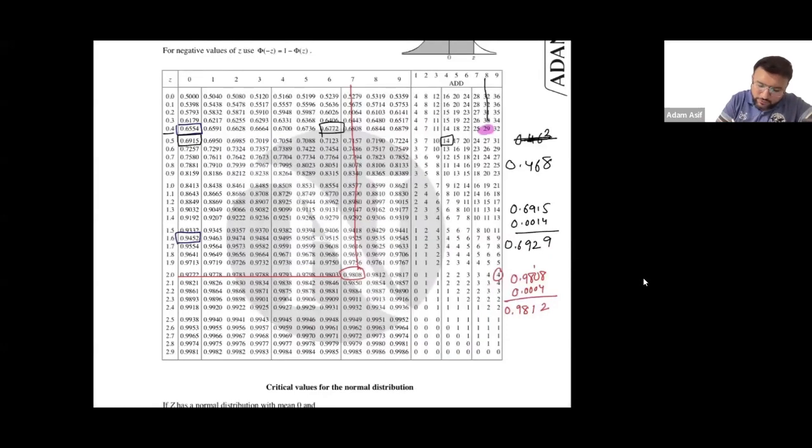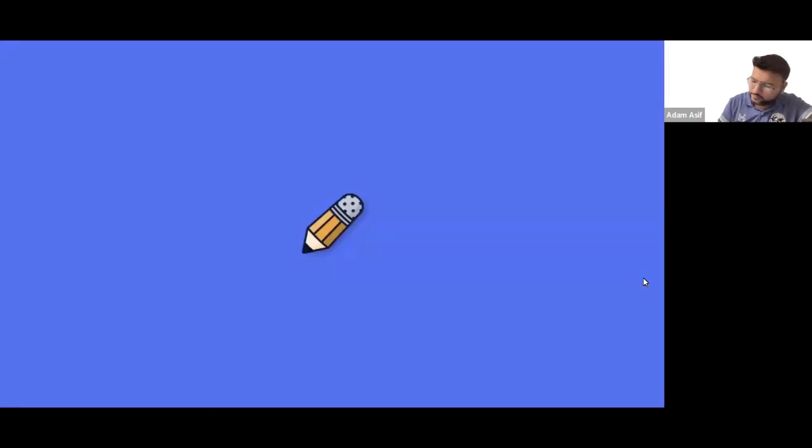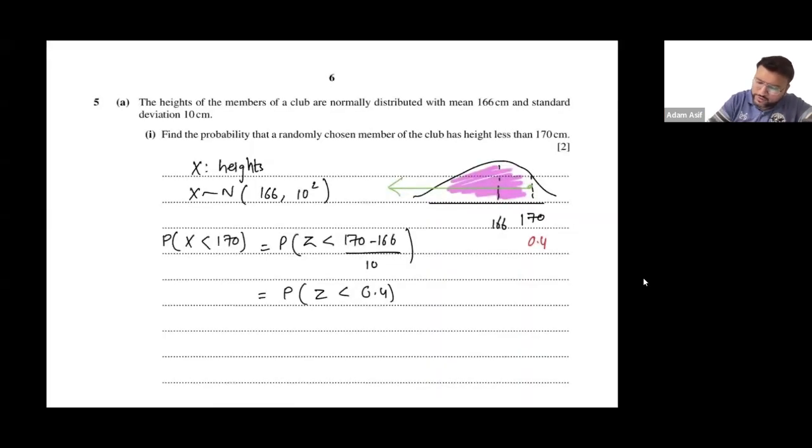So at 0.4, the body area is 0.6554. Okay, so that's the correct answer as well. 0.655.